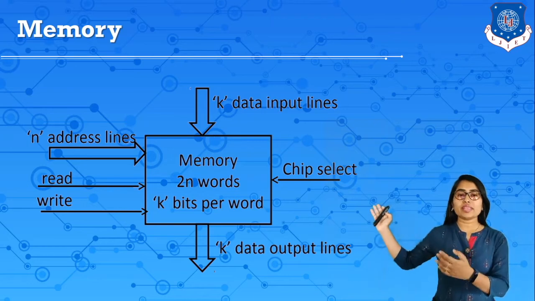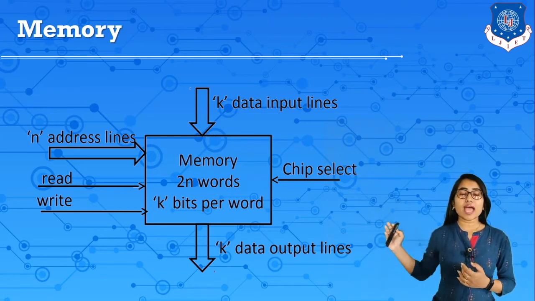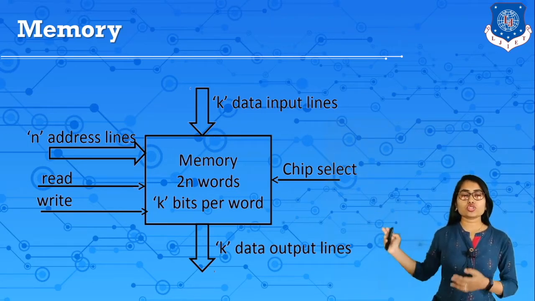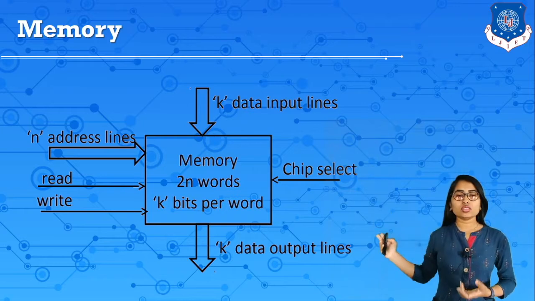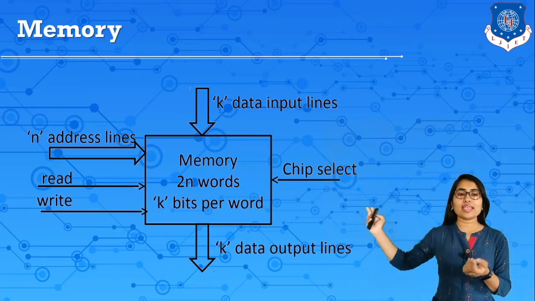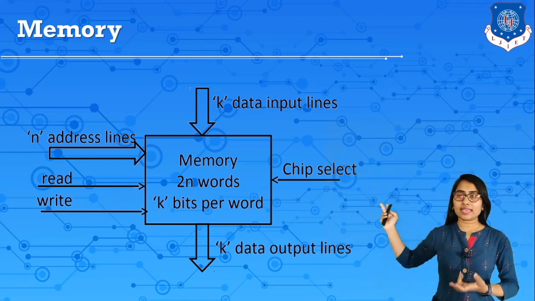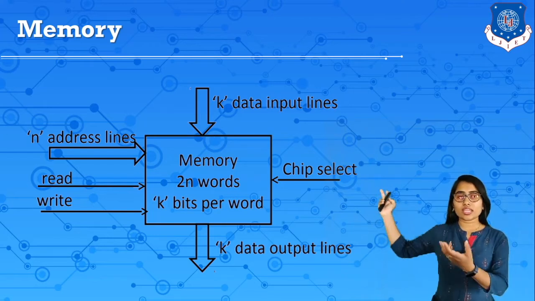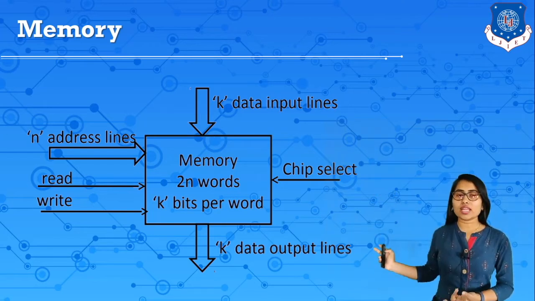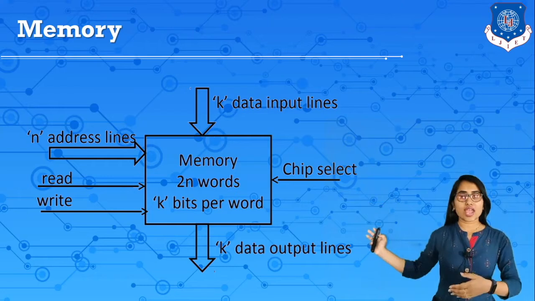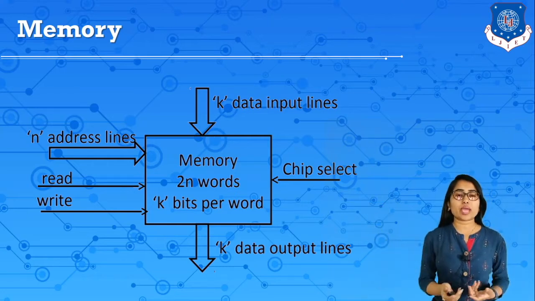Here this memory has 2^N words and K bits per word. To access a word there are N address lines. To write data there are K data input lines, K output lines, and then read and write signals depending on which memory is used.